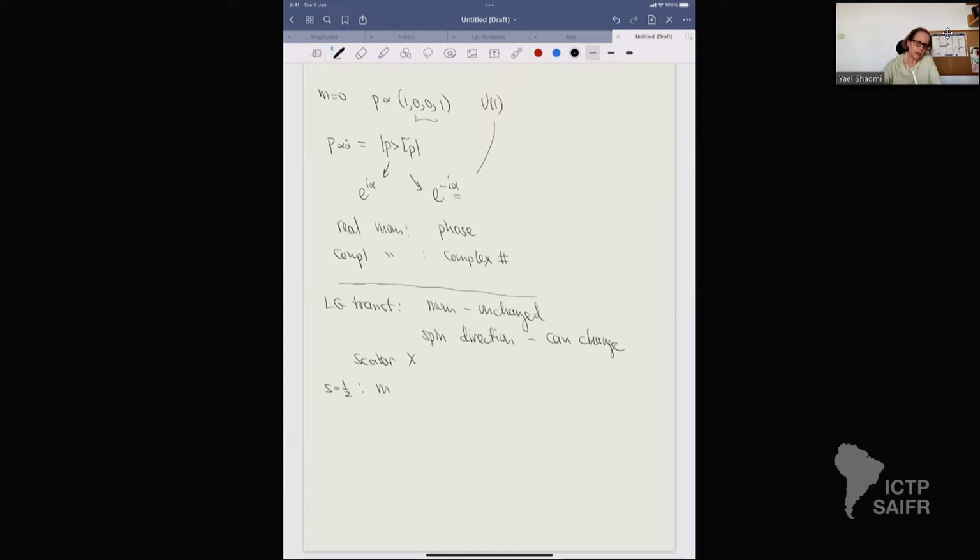If we're talking about a massive fermion, then this fermion leg carries an index I. So I can denote it with an index I for the spin 1/2 fermion. And then the massive SU2 little group that we talked about is acting on this index I.